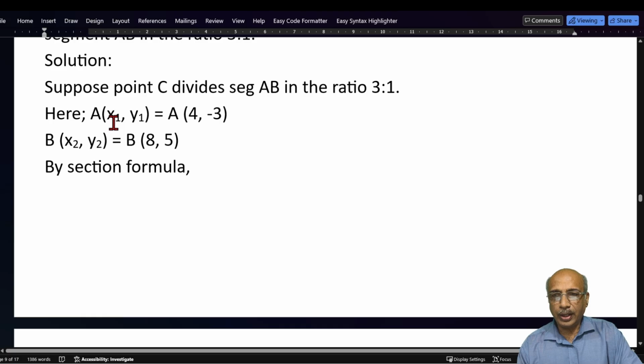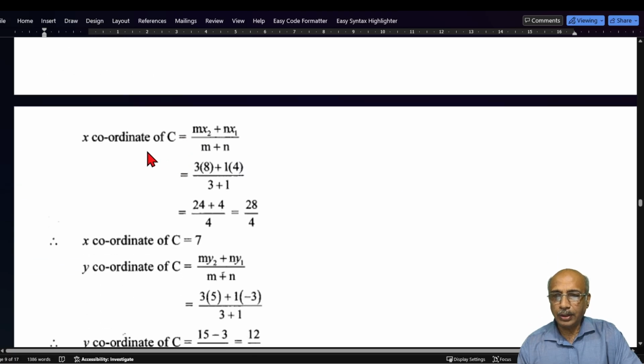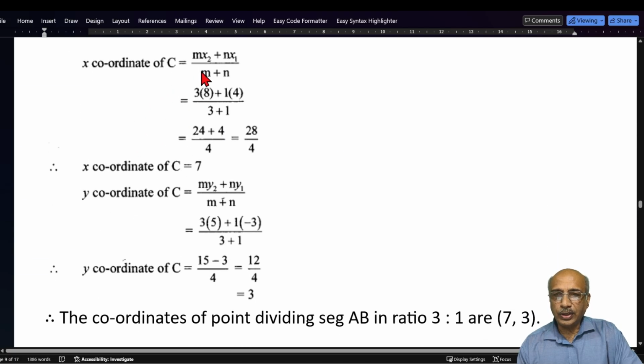Coordinates of A are x1, y1, that is 4 and minus 3, and coordinates of B are x2, y2, that is 8 and 5. By the section formula, the x coordinate of C will be, substituting the values in the section formula, 28 by 4. The x coordinate of C will be 7.